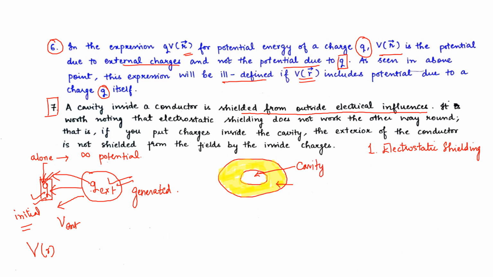We are providing charges to this conductor, external charges, Q external. Now these charges start getting accumulated on the surface. These charges will not go inside, and as these charges are on the surface, the electric field inside is also zero.